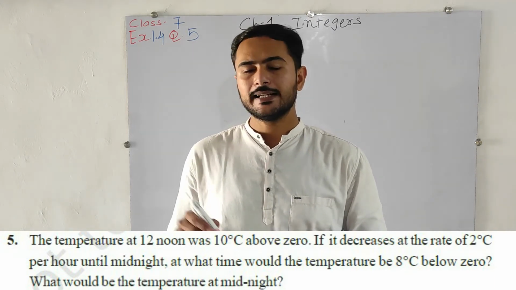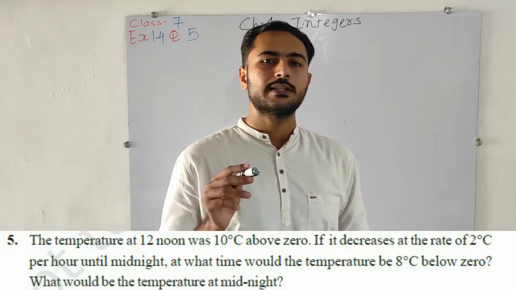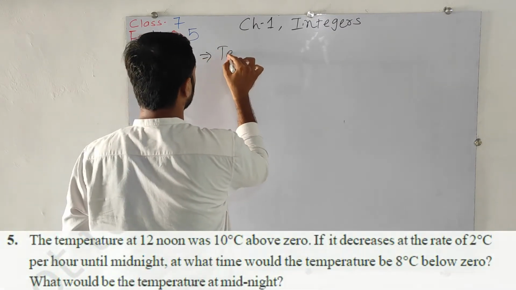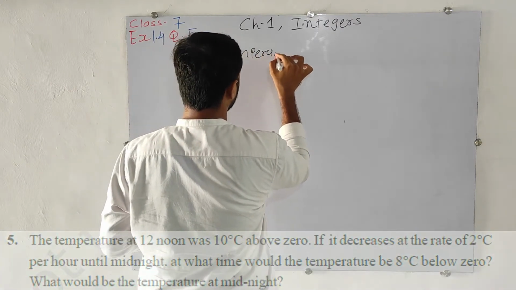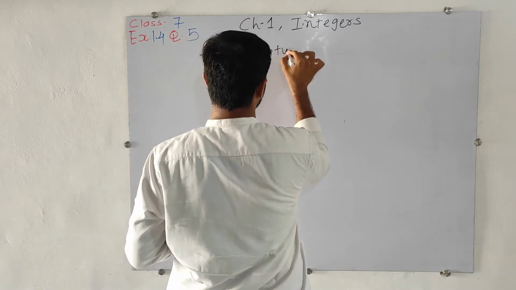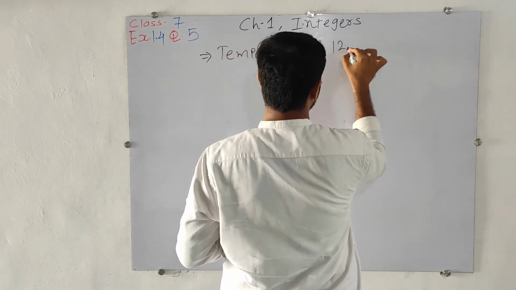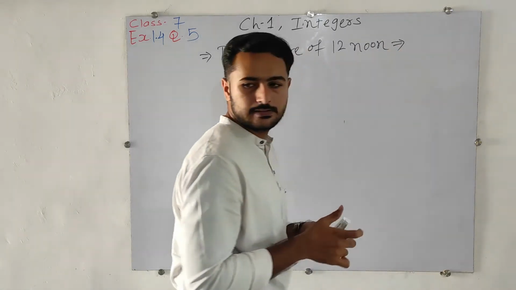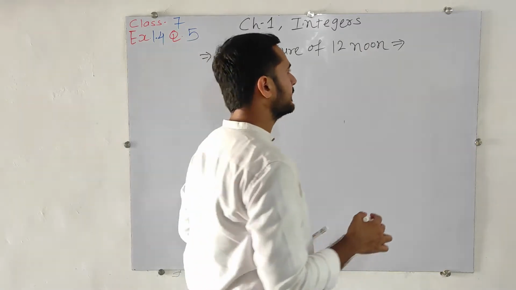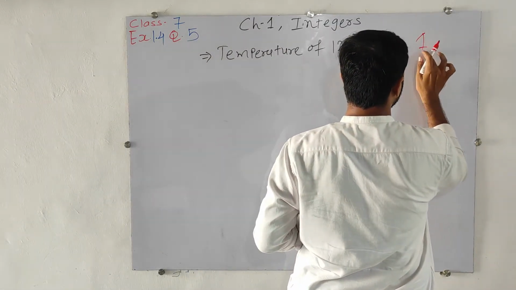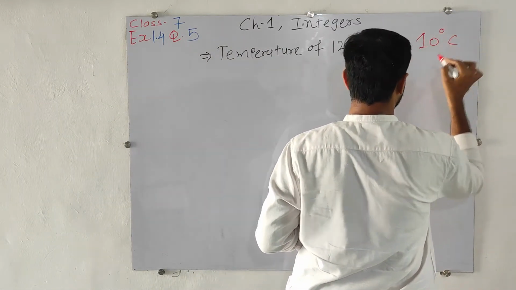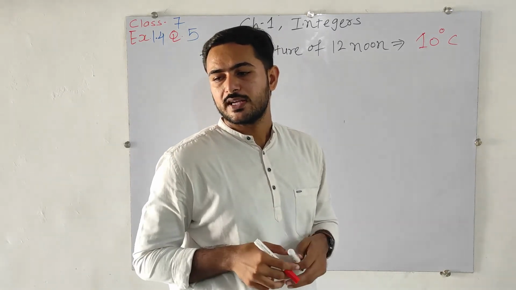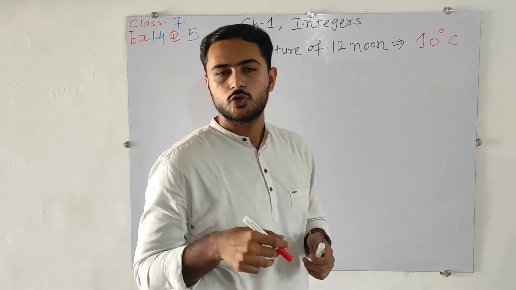Right now, the temperature at 12 noon is plus 10 degrees Celsius, that is positive 10 degrees Celsius. Now the next thing that is given is the rate of change. It means the decrease is at the rate of 2 degrees Celsius.